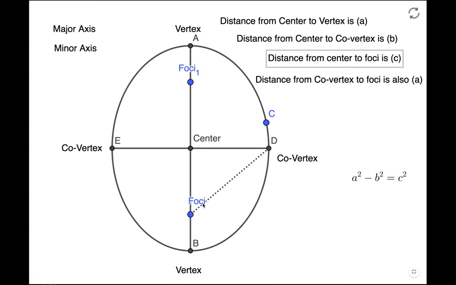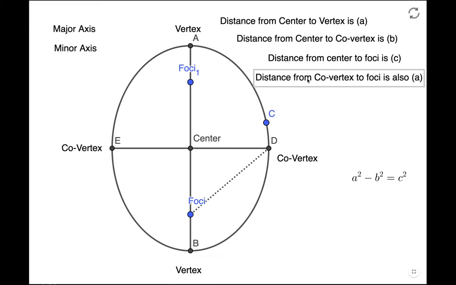One thing I want to emphasize is that we can use Pythagorean's theorem to relate A, B, and C, but do not confuse it with the way we normally write Pythagorean's theorem, because the distance from a co-vertex to the foci is the same as the distance from the center to the vertex.